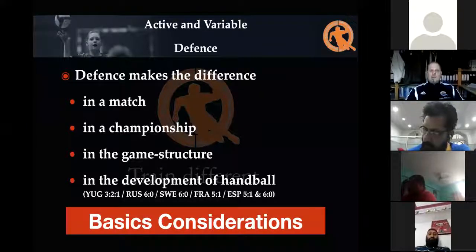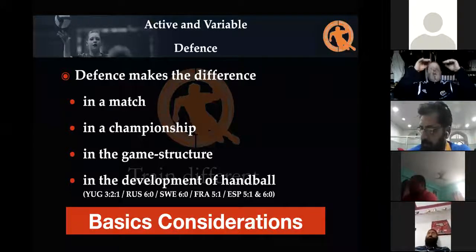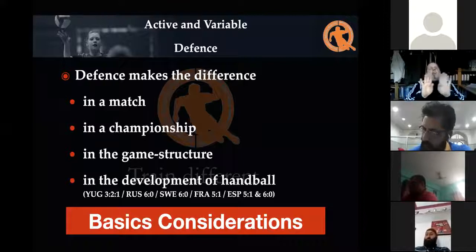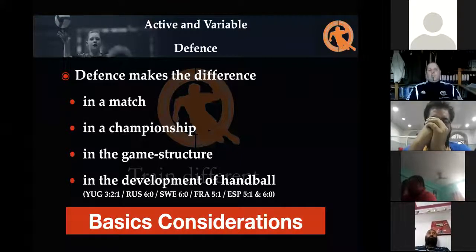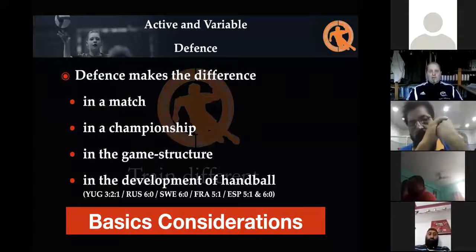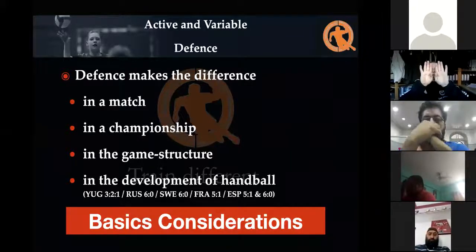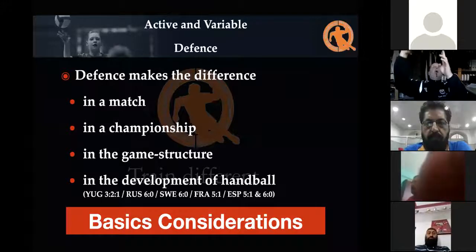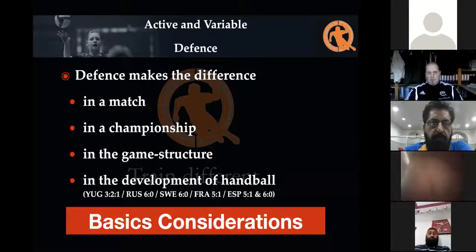They had a 6-0 defense with 4 tall players in the center, very tall, 2 meters plus, basically at the 6-meter line, doing nothing in stepping out, just blocking. But as you can imagine, if there are 4 players so tall raising their arms, it's really difficult for the team in attack to shoot over them to the goal.